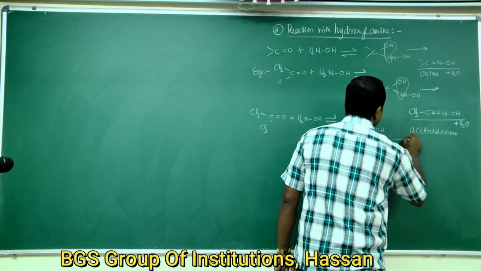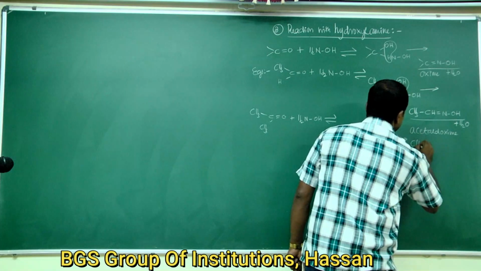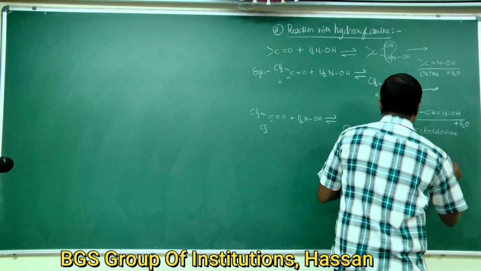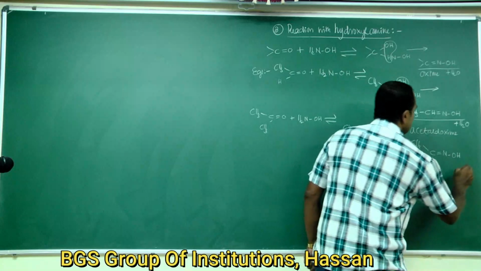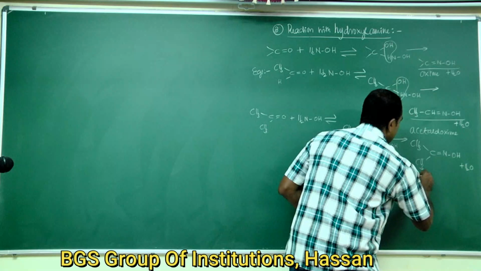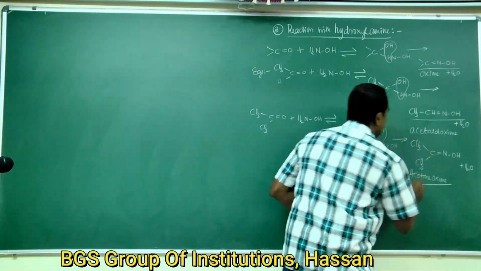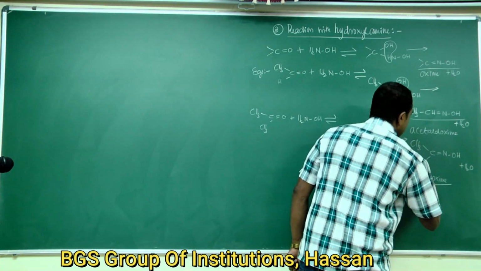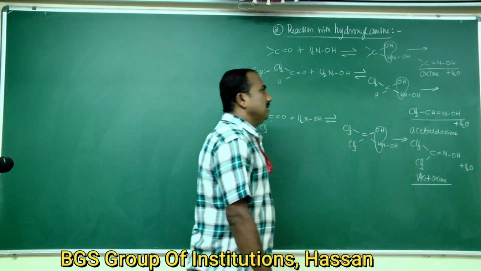This on dehydration, that is removal of a water molecule, gives CH3 C CH3 double bond N connected to OH plus H2O. The product formed is called acetone oxime, or acetoxime.